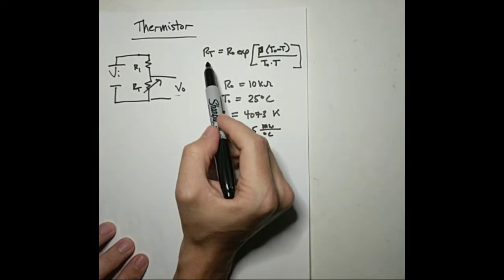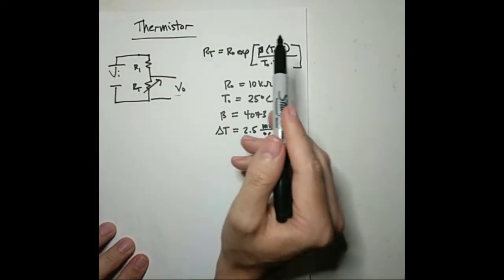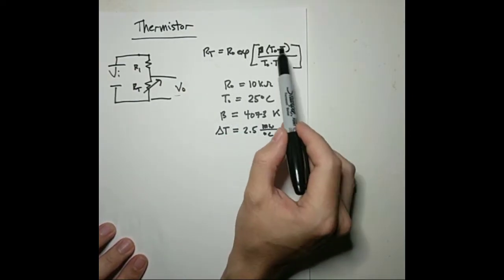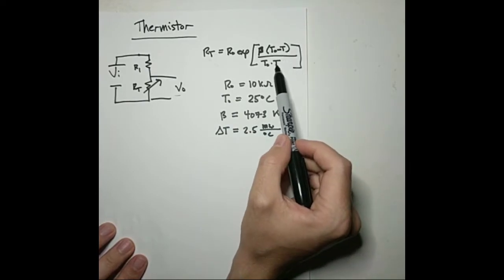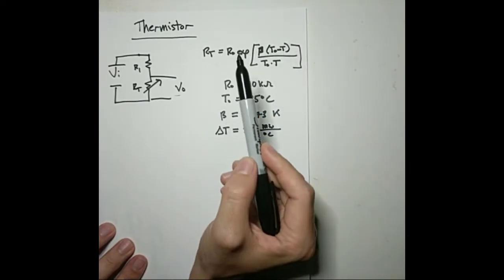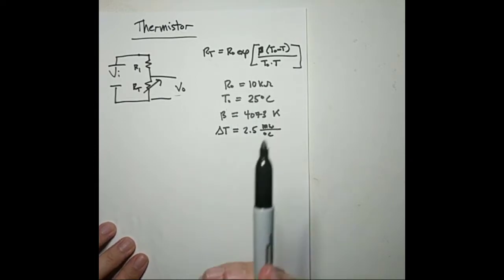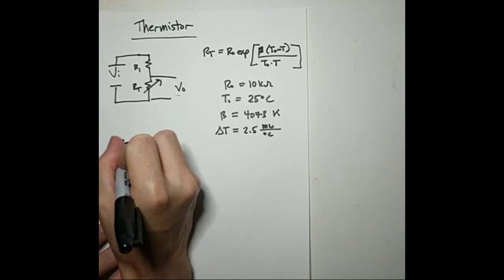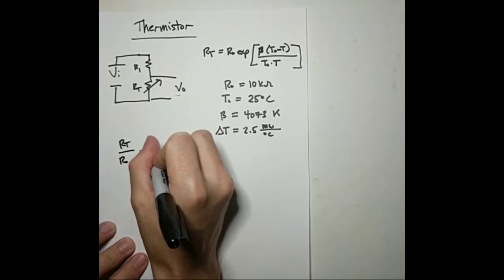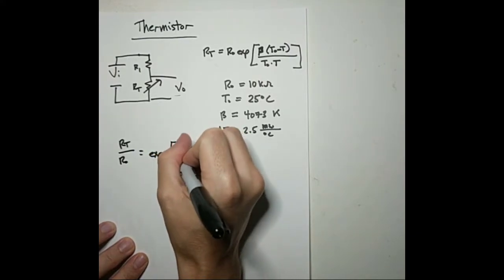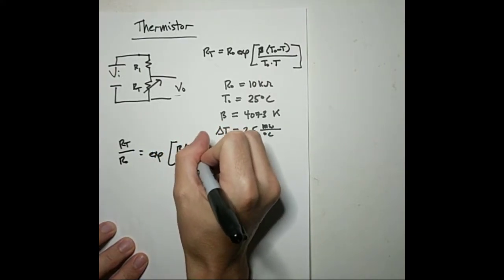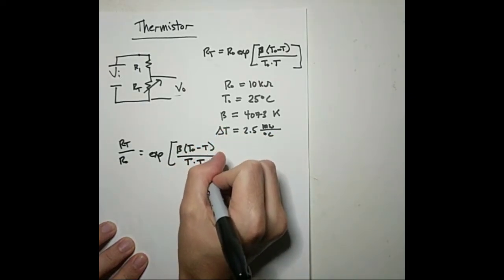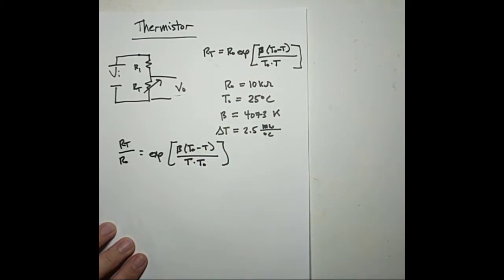So this equation that they give us is resistance as a function of temperature. But for using this as a temperature sensor, it makes a lot more sense to have temperature as a function of resistance. So if we divide both sides by R naught, we get this.